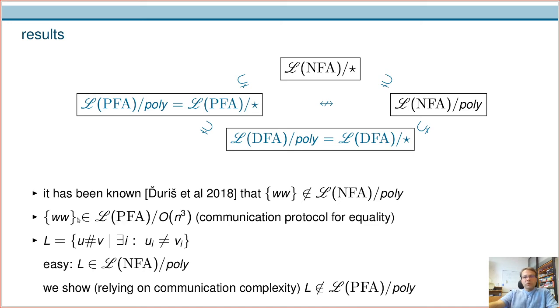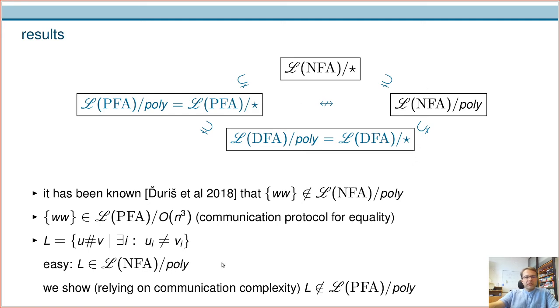So when we have this, then we have a language that can be recognized by a randomized automaton and cannot be recognized by a non-deterministic one with polynomial advice. Further, we have another language which is basically non-equality, so we have U and V, and we want an index where they differ, and it's easy to recognize this language non-deterministically with polynomial advice.